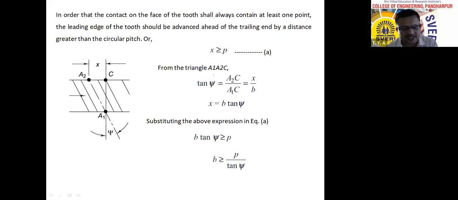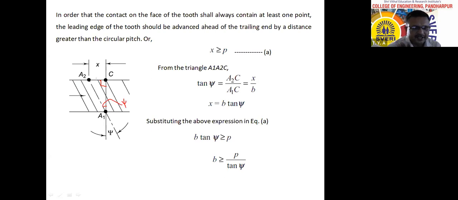Therefore, from triangle A1, A2, C, where A1C and A2C are perpendicular to each other, here the 90-degree angle is there. This is the angle psi, and this is also angle psi.